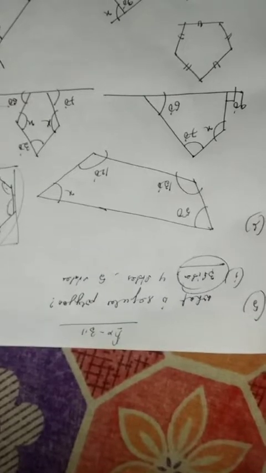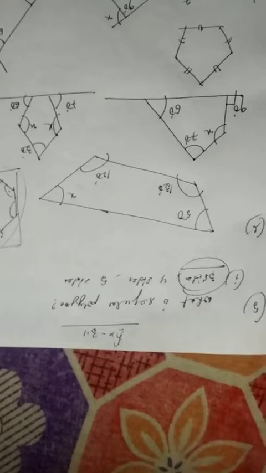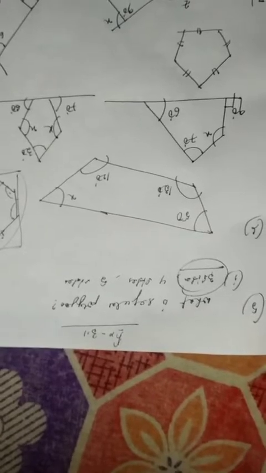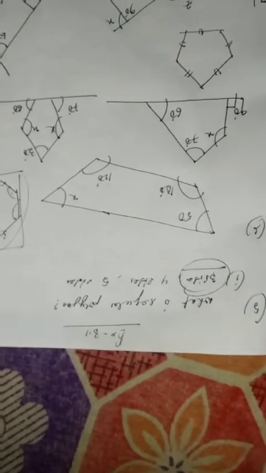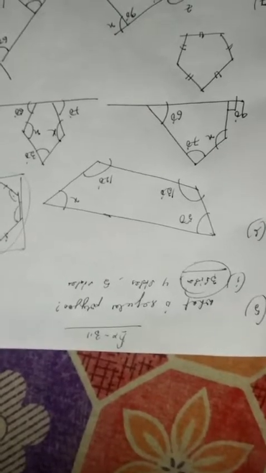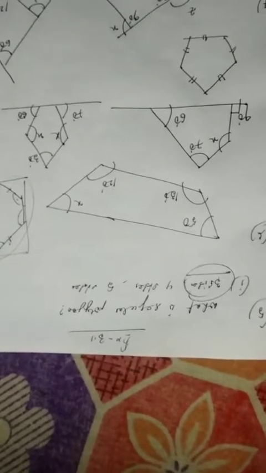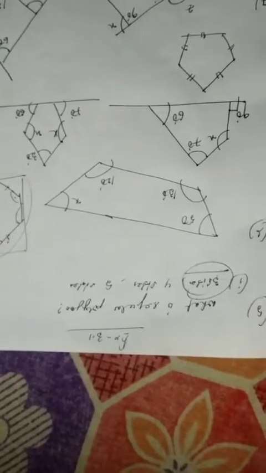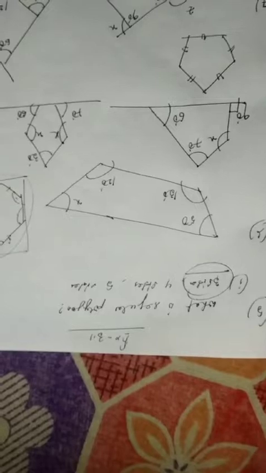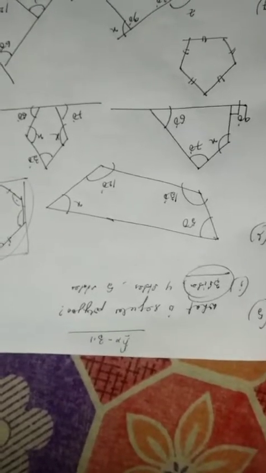So children, as I have explained in the previous video how to find the sum of all the interior angles. Suppose you have a pentagon and you have to find the sum of all the angles of a pentagon. The formula is, as I have explained before, number of sides minus 2, into 180.